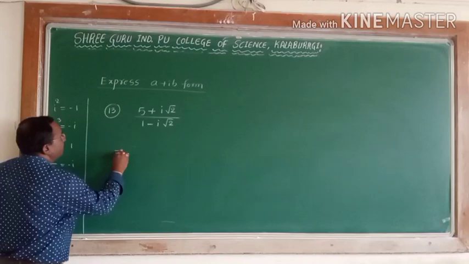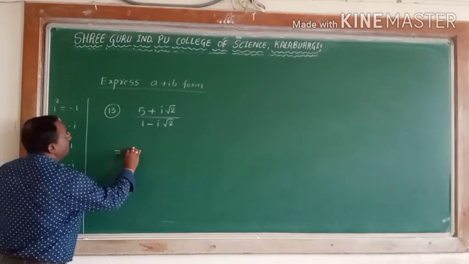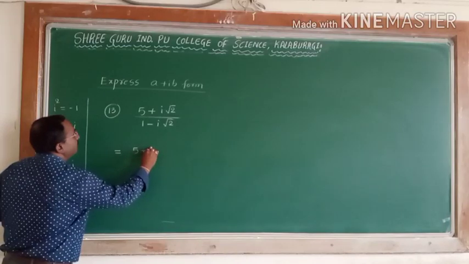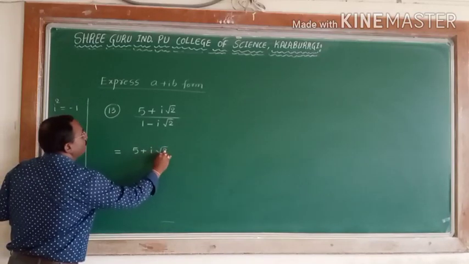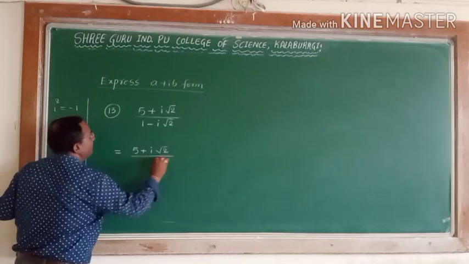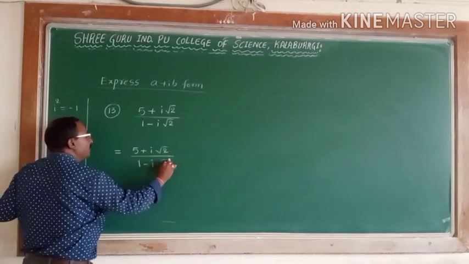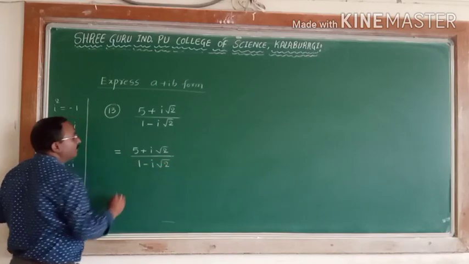This can be expressed in the form of (5 plus i root 2) divided by (1 minus i root 2).